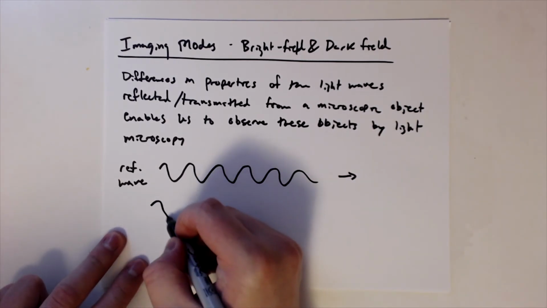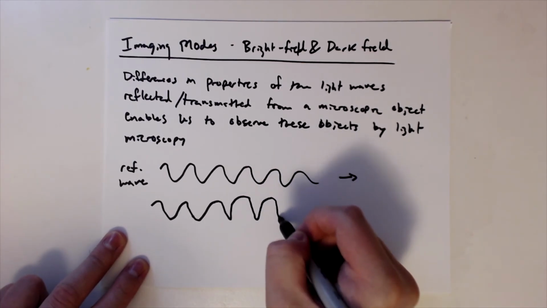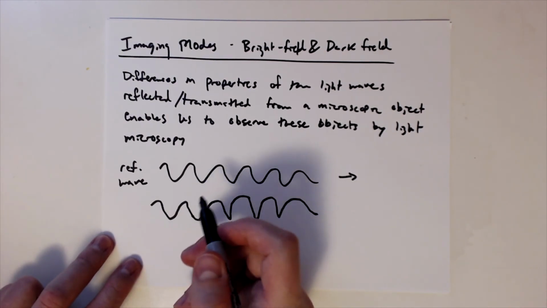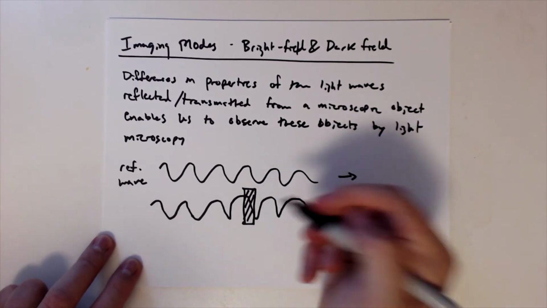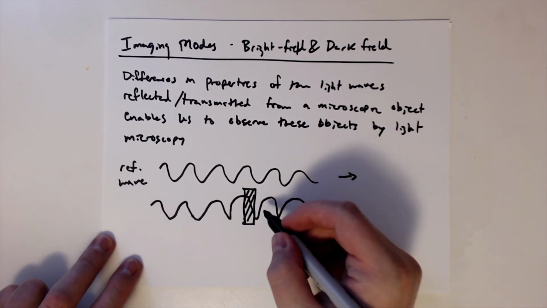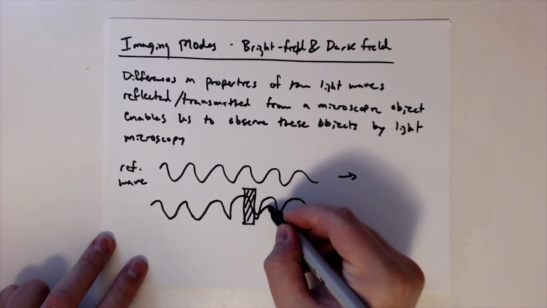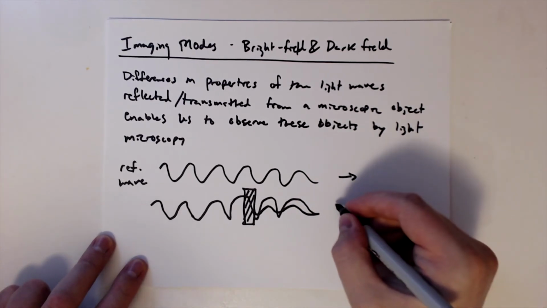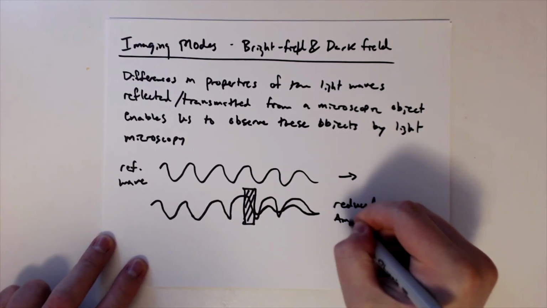Now, if I try to draw the same wave, I apologize for the terrible drawing, and our object is placed here, one thing that can happen is that the amplitude could get smaller, so reduced amplitude.